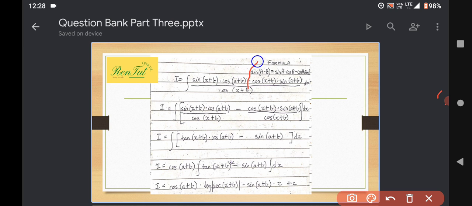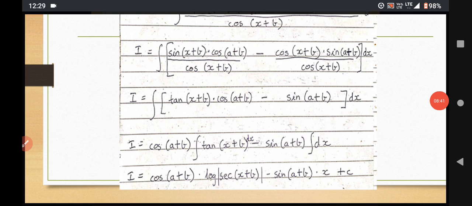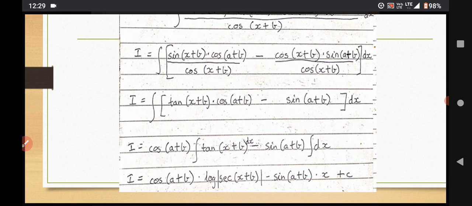Now if you see the next step, integration of tan, what we have done is we have put this value.